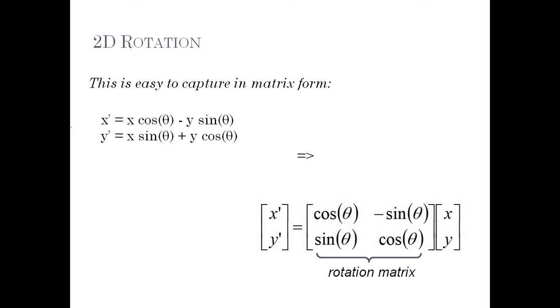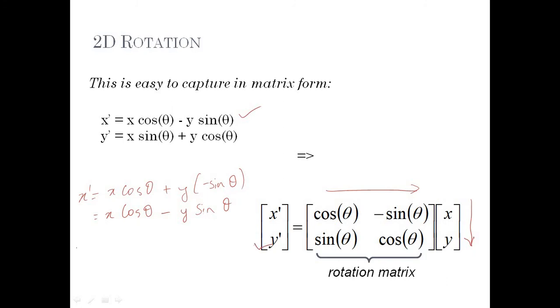When we multiply this matrix, we get the same answer. x dash will be x cos theta plus y times minus sin theta, which is x cos theta minus y sin theta, the same thing as before.